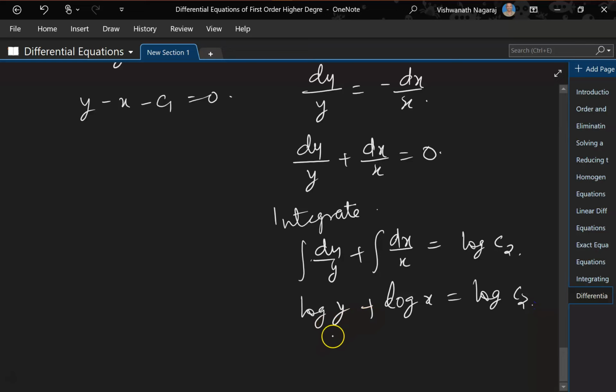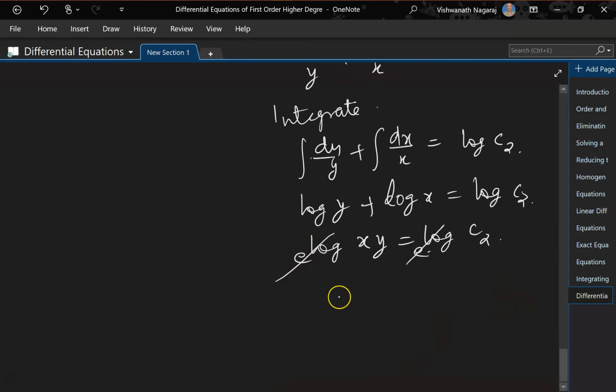Now again, log rules, we can write this as log xy is equal to log c2. Now to get rid of the logs, we exponentiate all the terms. So this gets cancelled and we are left with xy minus c2 is equal to 0.